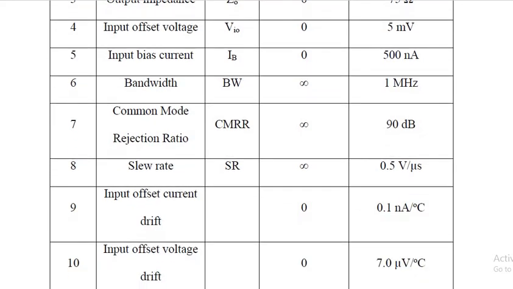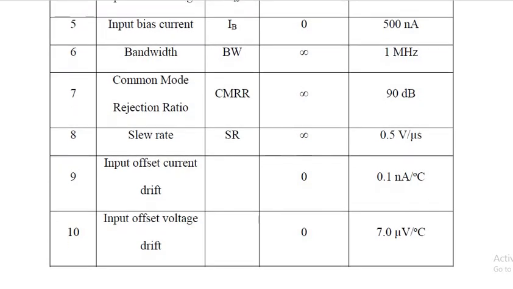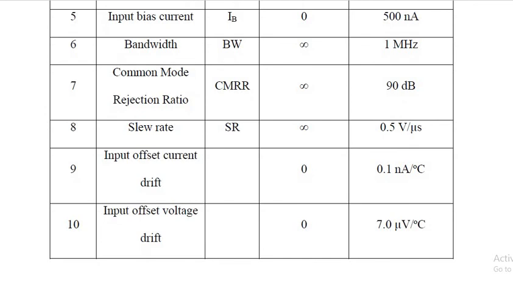Next, input offset drift current, it is 0 for ideal, 0.1 nanoamps per degree centigrade for practical op-amp. Input offset voltage drift, it is 0 for ideal and 7 microvolt per degree centigrade for practical op-amp. So these are the comparison of op-amp parameters of ideal and practical op-amp.